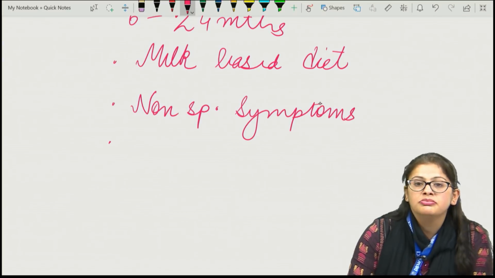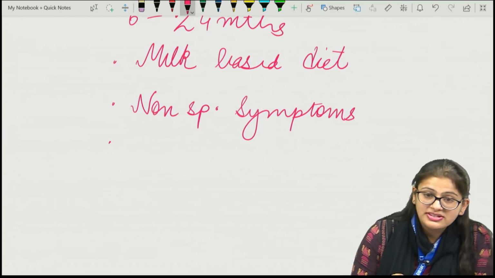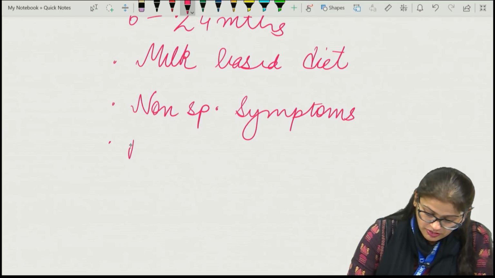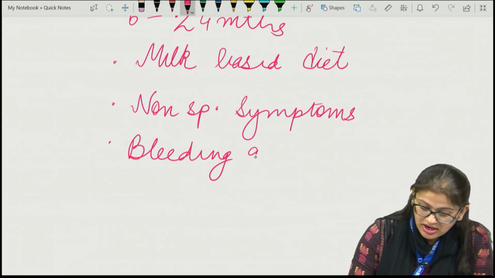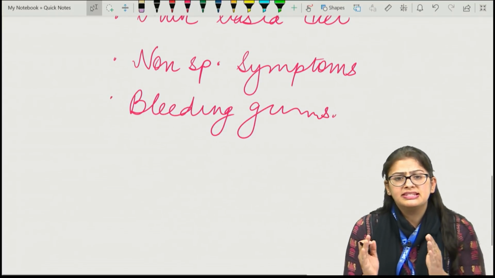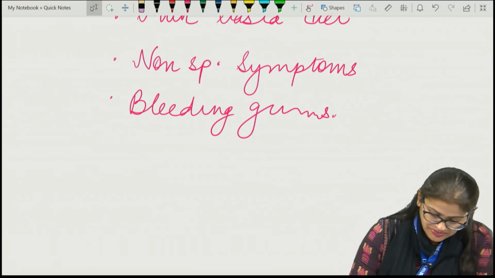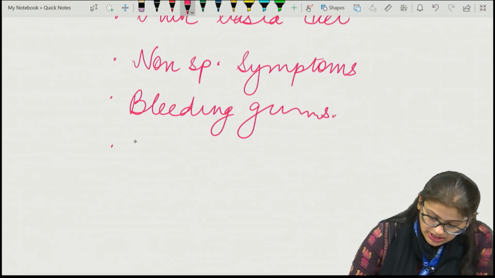And important amongst these are, once teeth have erupted, an important manifestation of vitamin C deficiency is bleeding, swollen gums. These are mainly seen once teeth have erupted. Apart from that, children can manifest pseudo-paralysis.